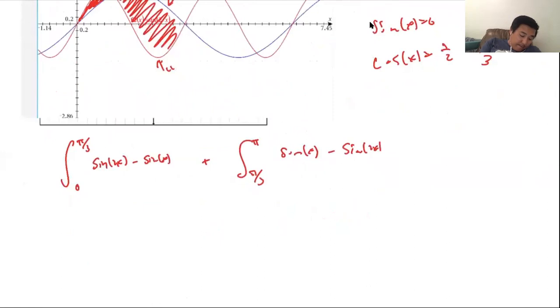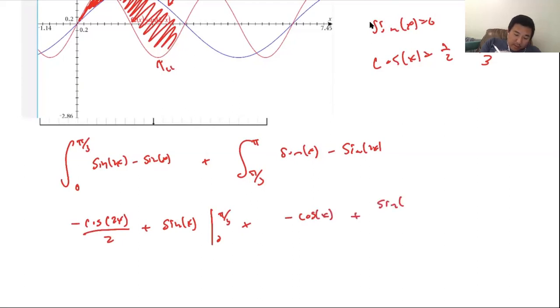This integral is negative cosine 2x over 2 plus sine x. This one is negative cosine x plus cosine 2x over 2 from pi over 3 to pi.